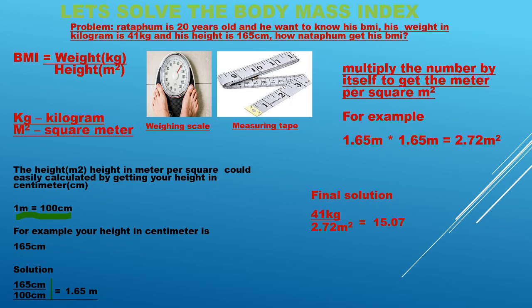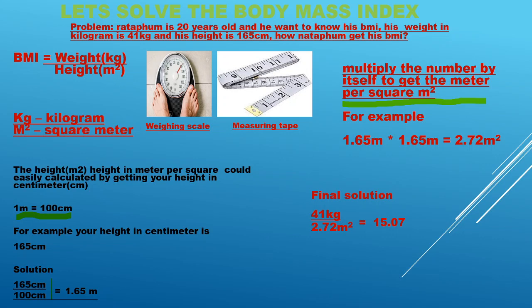You need to divide it by 100 because 1 meter is equal to 100 centimeters. So we use 100 centimeters to get our height in meters. And then once you get it, multiply it by itself so that you can get your height in meters squared.